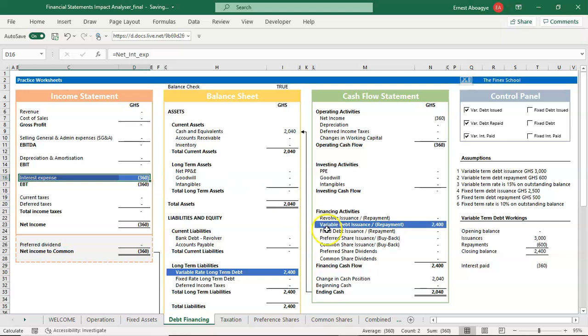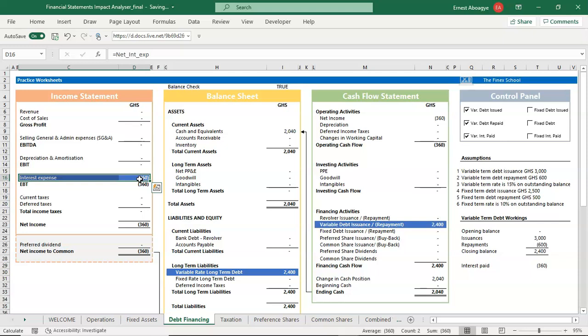Also for debt, if we don't charge interest, it has no impact on the income statement. So we have a balance of 2,400 and we pay interest of 15% of that, giving us 360, and that becomes a cost, actually not a notional charge, but a real cost that we have to pay to our debt financiers.